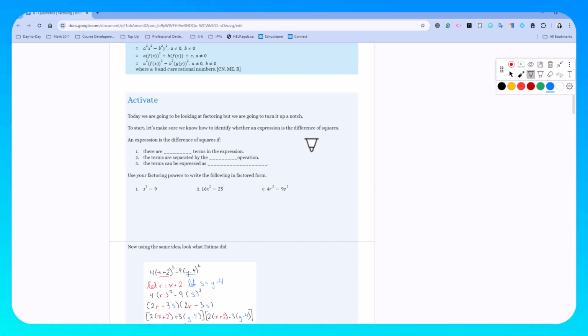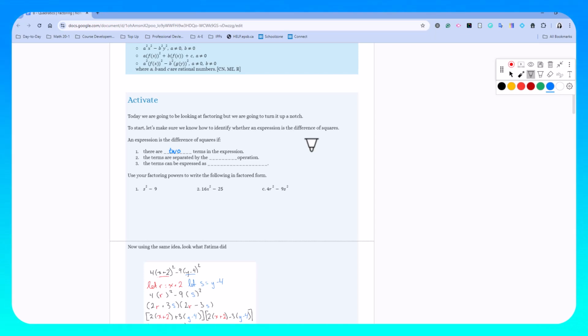But before you can factor the difference of squares, we want to make sure we understand what the difference of squares is. The difference of squares is an expression where there are two terms.